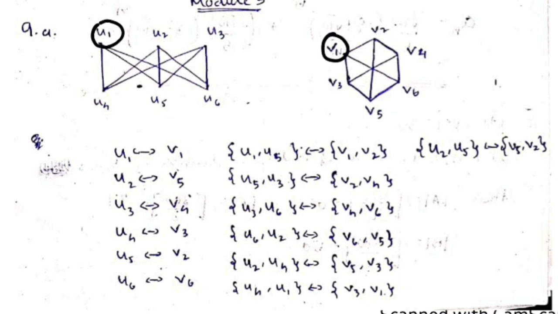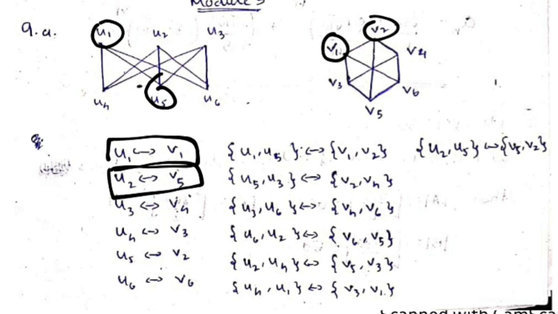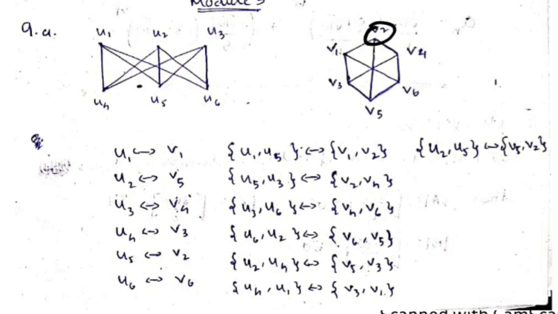See here, u1 is with v1, so u1 and v1, u5 is with v2, so u5 and v2, u2 and v5, u3 and v4. This one is brought down and this one is brought up. Okay, so if you do that, the figure will look like this.